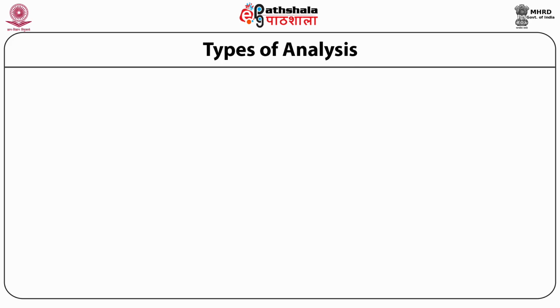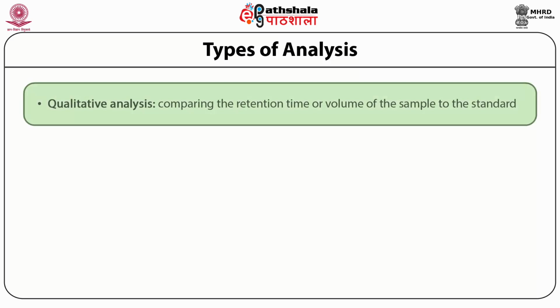GC can be used for all the three types of analysis. For qualitative analysis, by comparing the retention time or volume of the sample to the standard. Retention time is defined as the absolute time taken by a sample to show maximum peak after injecting.